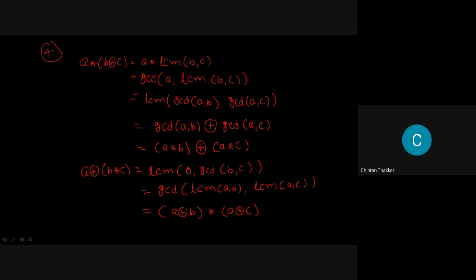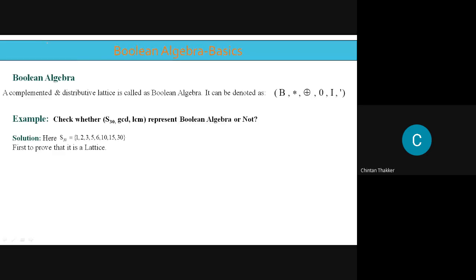Now the bounded property. To prove the bounded property, we require the zero element and the I element. What is the zero element here? The zero element means the GLB of S30.